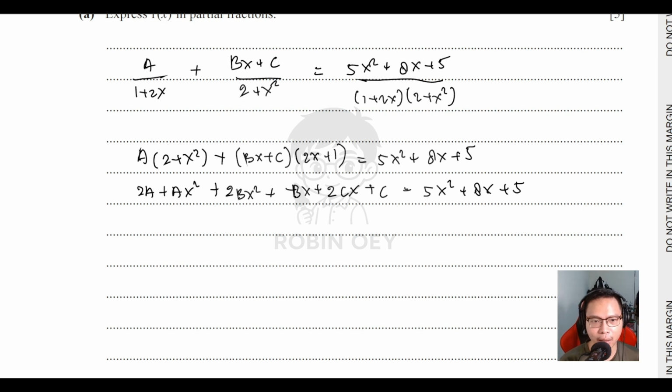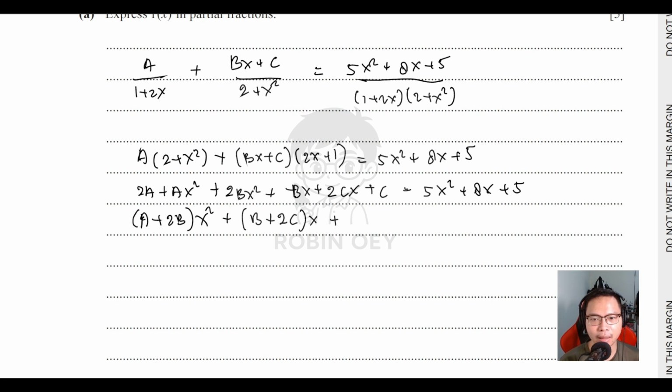Okay, now let's combine together, grouping together a plus 2b x squared. And then for the x term, we have b and 2c. Okay, so the x squared and x are already done.